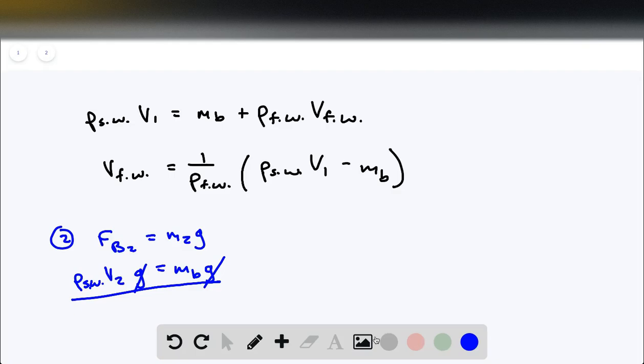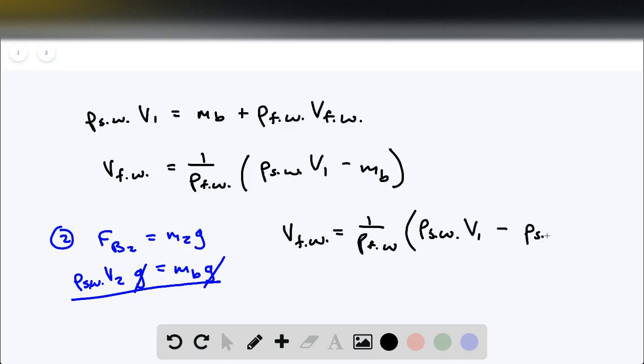So I will rewrite this equation again for the freshwater volume, which is what we're looking for, and using what we found from analyzing the situation with the water already dropped off.